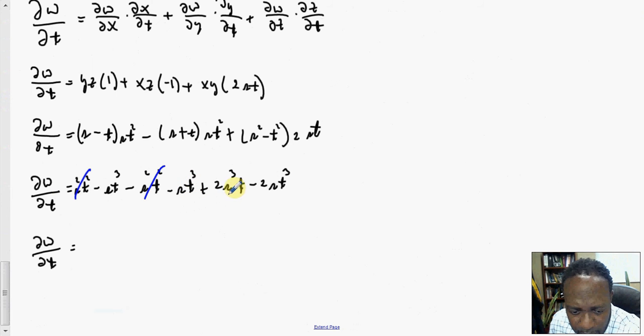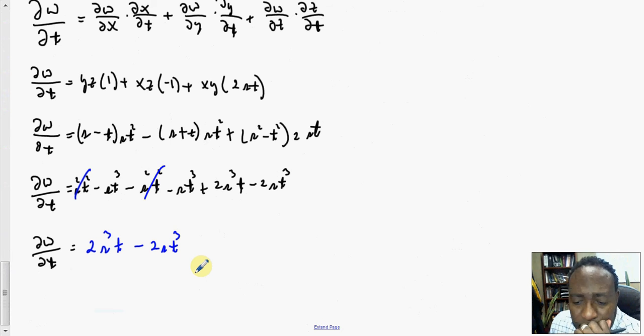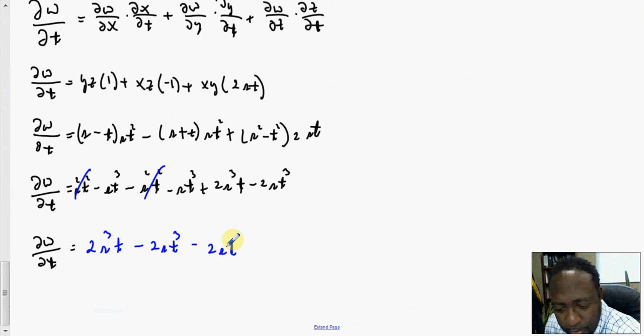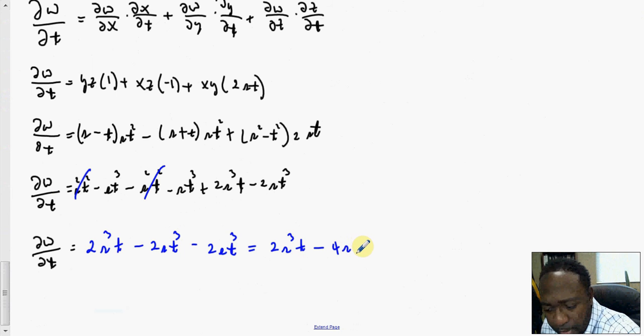And then we have this 2s cubed t, let's write that first, 2s cubed t, then minus these two guys here, 2 times s t to the third, minus this 2s t to the third, which is a like term. So we can write this as 2s cubed t minus 4s t to the third.